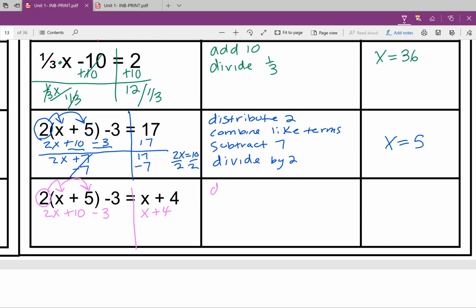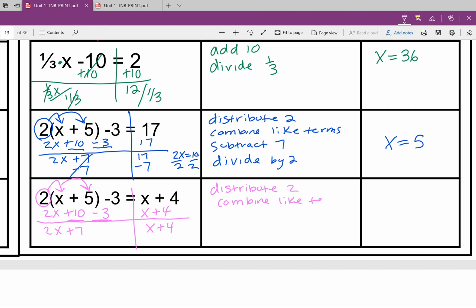So I distribute 2. Okay, again, notice that I have like terms on the same side. So I'm going to combine them to get 2x plus 7 and x plus 4 on the other side. Okay, so combine like terms.